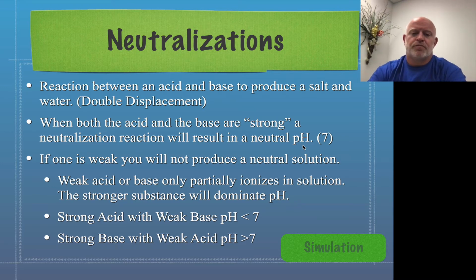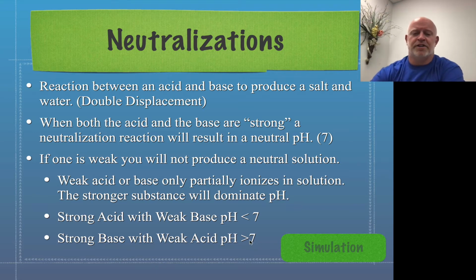So what happens in these scenarios, strong acid with weak base, where they neutralize, or the point at which they are equivalent to each other, 1 mole of acid to 1 mole of base, will not be at a pH of 7. Strong base with a weak acid, not at a pH of 7.